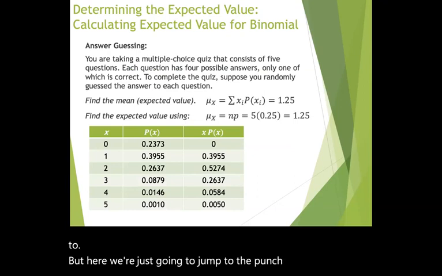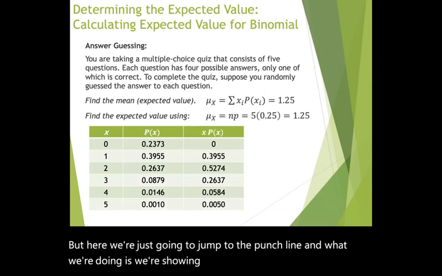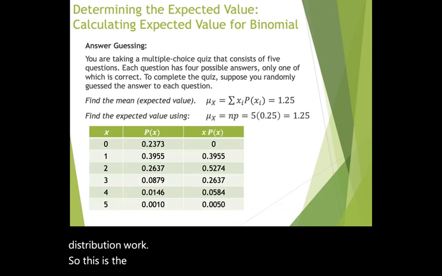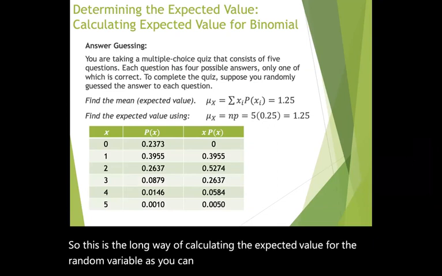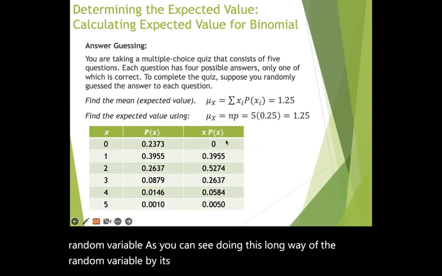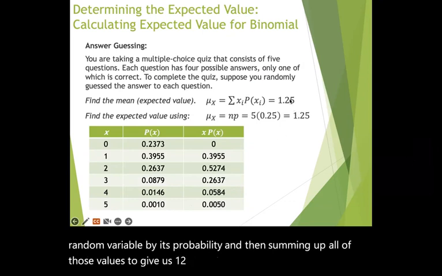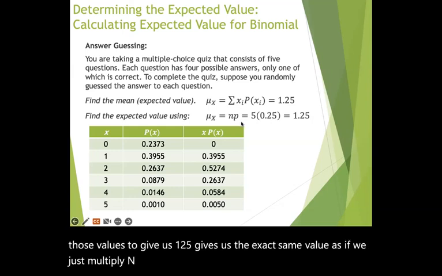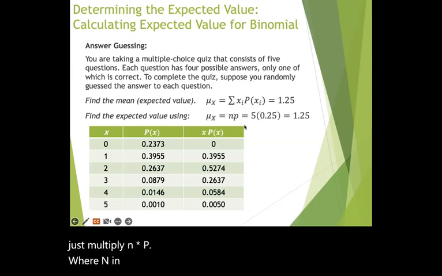And what we're doing is we're showing that those shortcuts for the binomial distribution work. So this is the long way of calculating the expected value for the random variable. As you can see, doing this long way of multiplying the random variable by its probability and then summing up all of those values to give us 1.25 gives us the exact same value as if we just multiply n times p, where n in this case is 5, p is still 0.25, and you get the exact same value.